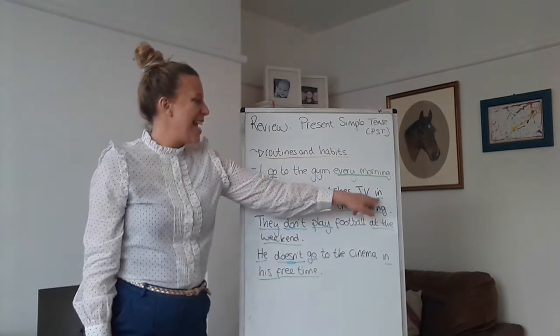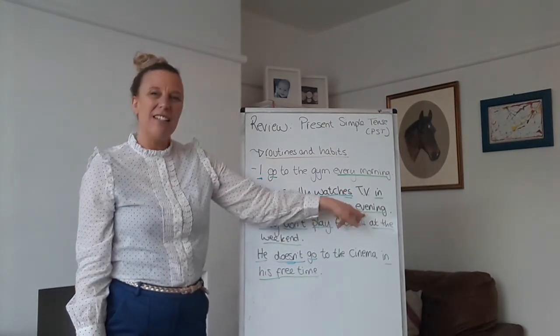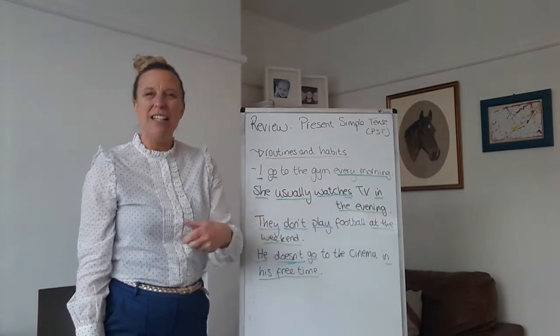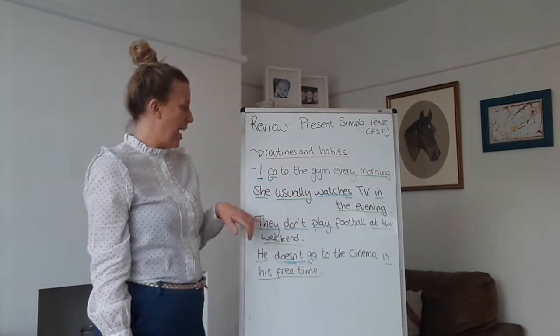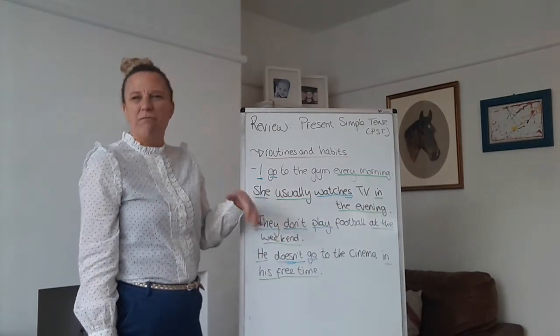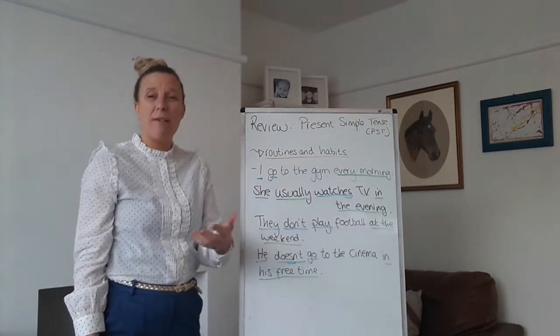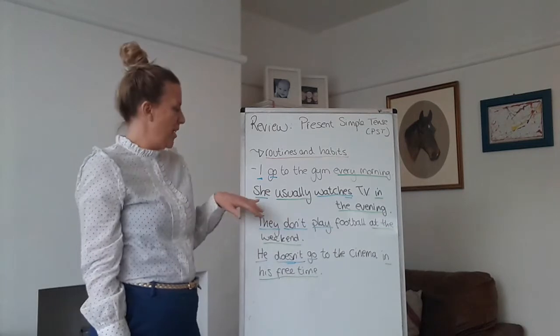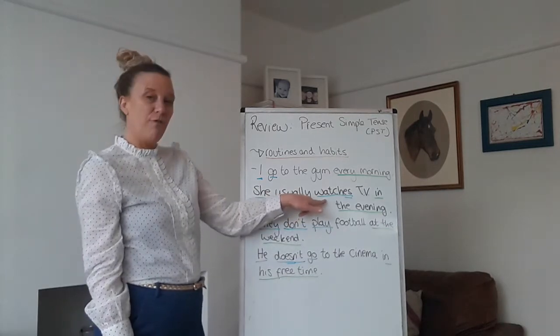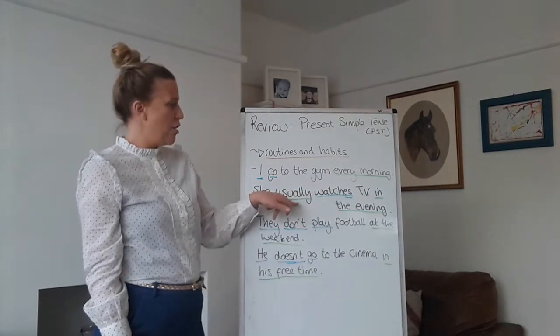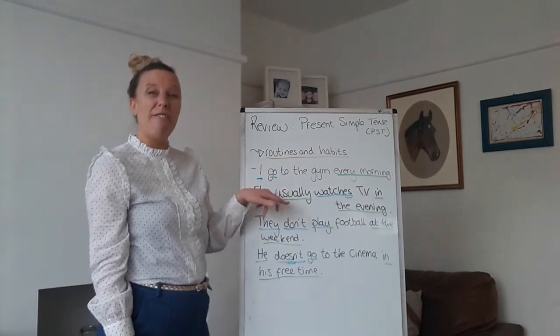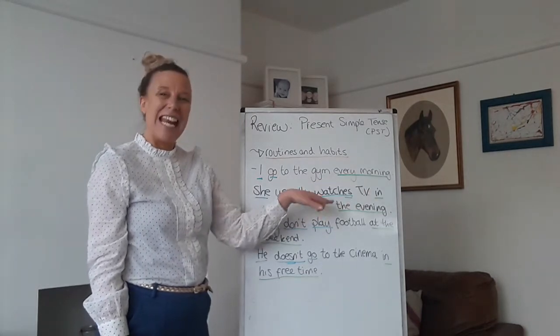And again, in the morning, in the evening, in the afternoon. And usually, most of the time, usually, often, sometimes, or never, that goes before the verb. She usually, she often, she sometimes, she never watches TV in the evening.